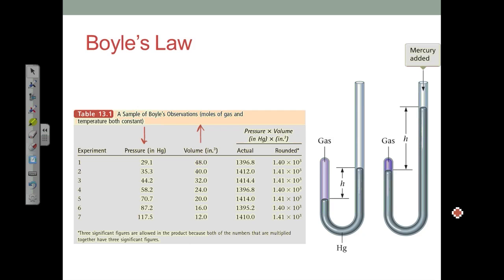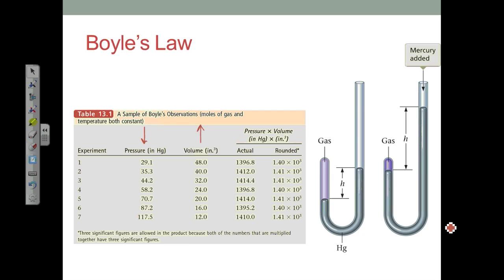They multiplied them. What do you notice about all those numbers? Look at the rounded. Yeah, they're all pretty much the same. We have 1.40, 1.41, 1.41, 1.40. They're constant. Even though we're changing the pressure and our volume's changing, our pressure times volume remains constant.